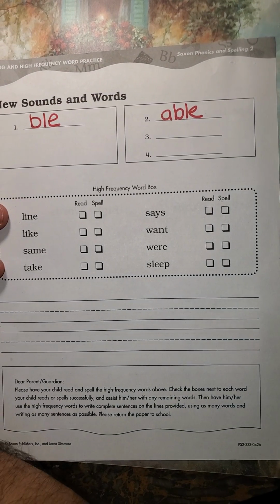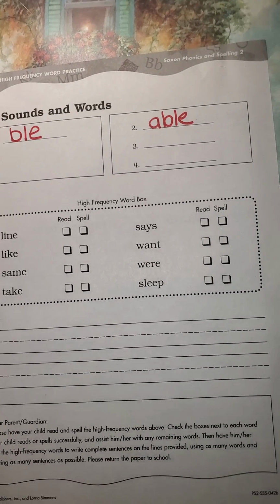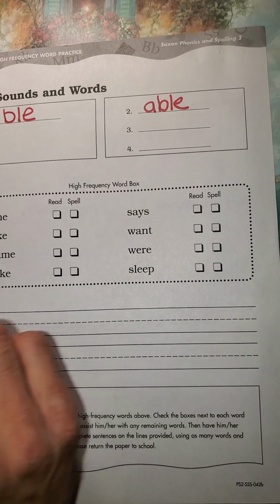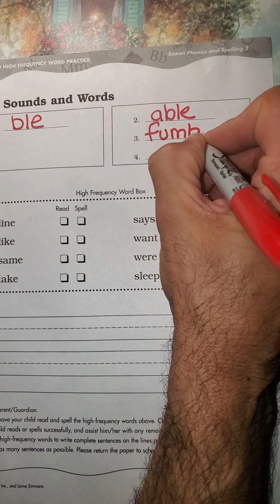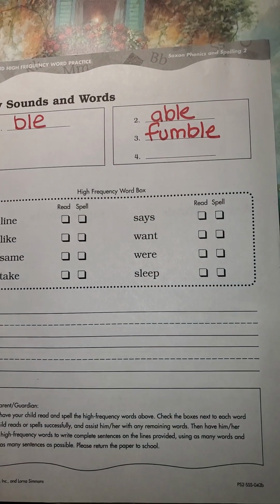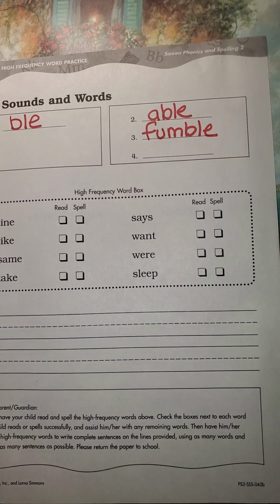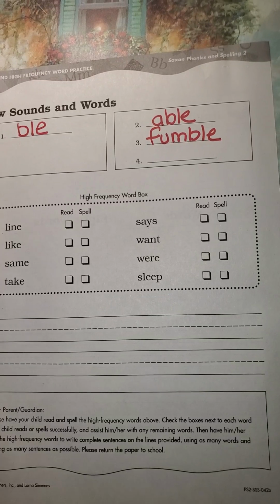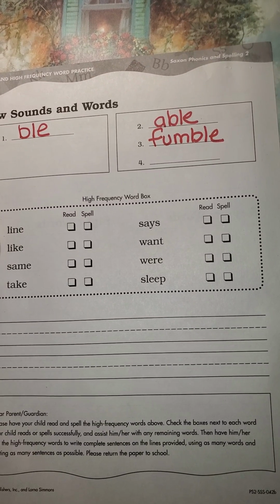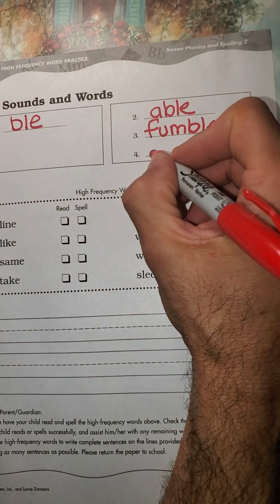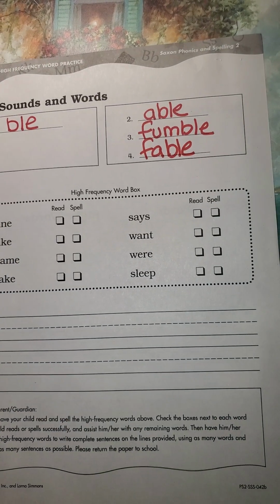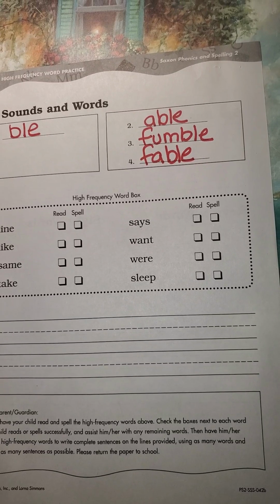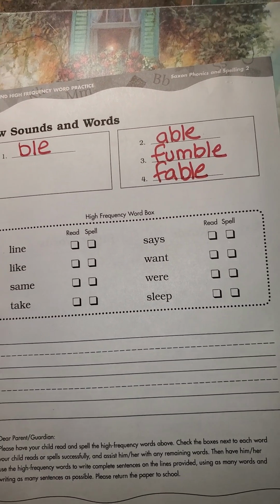I am able to read a story. Number 3, fumble. Mr. Perez fumbled the ball when he was playing football. And the last one, number 4, is fable. I like to read a fable story every time.